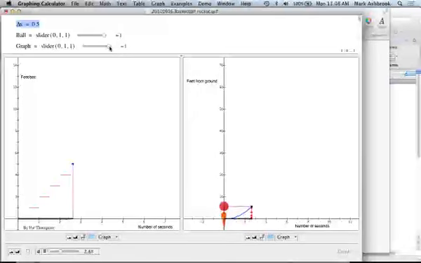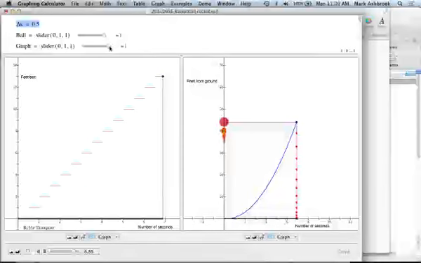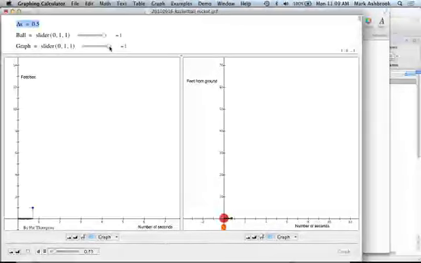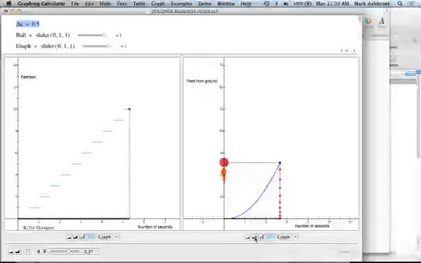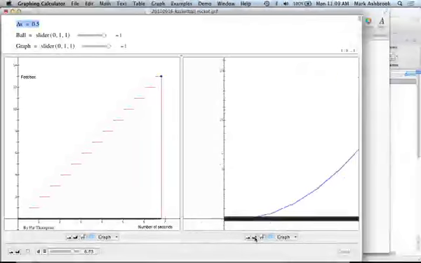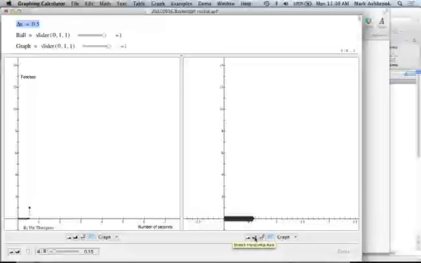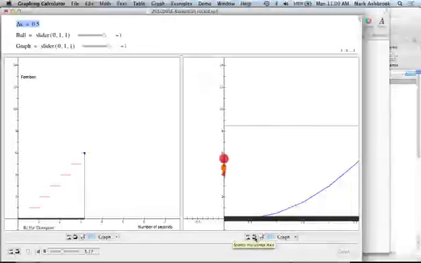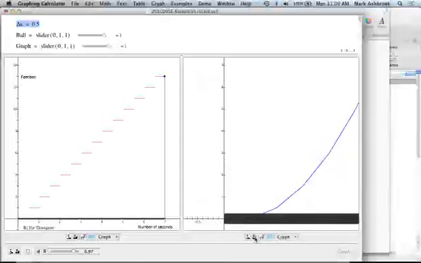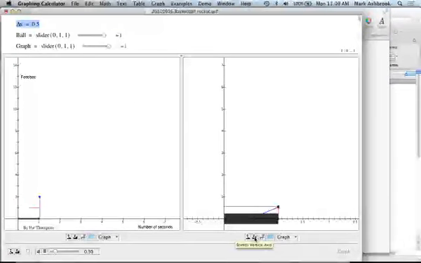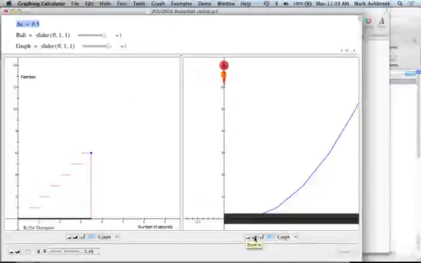Yes. One person saying no. Anyone says no? Is it a curve? No. Why not?